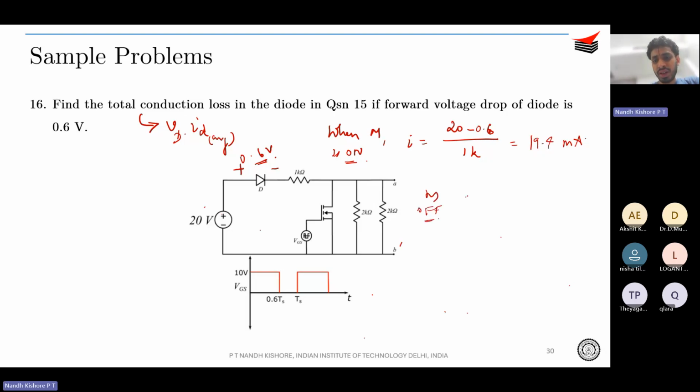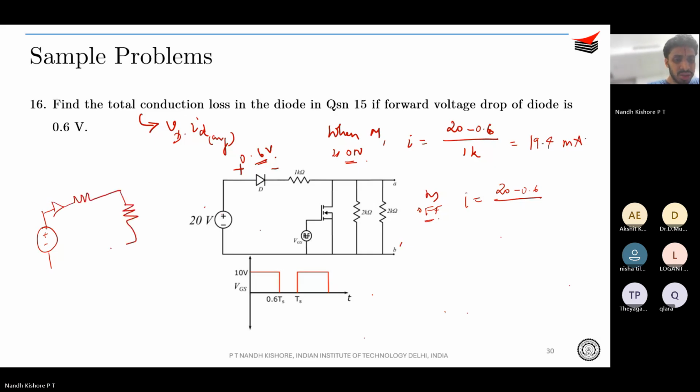And when M is off, then what happens? I will be 20 minus 0.6, that is the diode drop, divided by the equivalent resistance. When M is off, this will be 1K and this will be 1K, right?